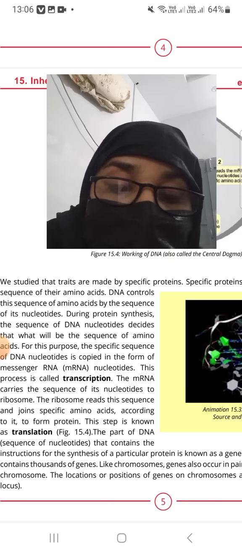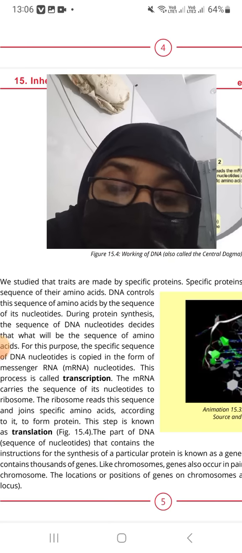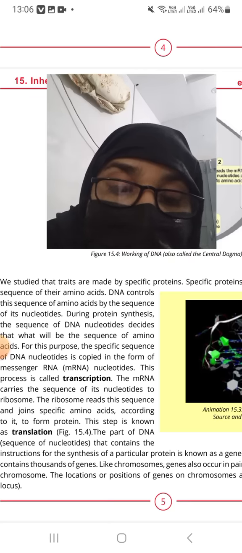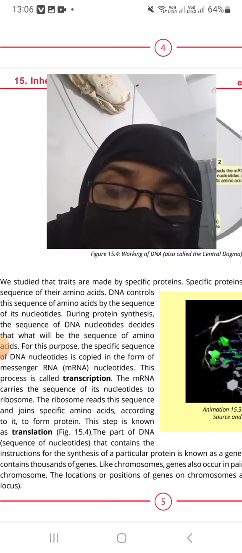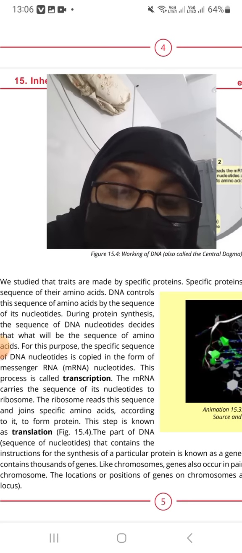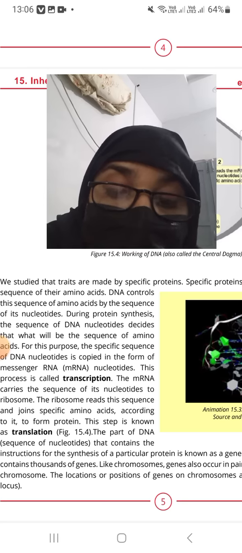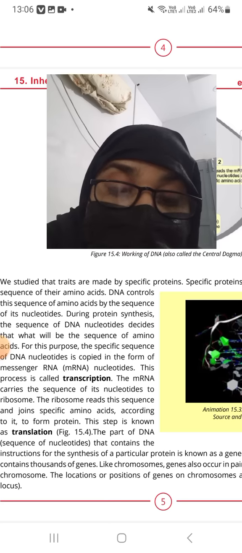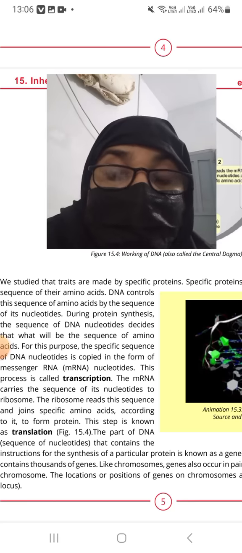That portion is called a gene, and thousands of genes are located in specific positions on chromosomes.